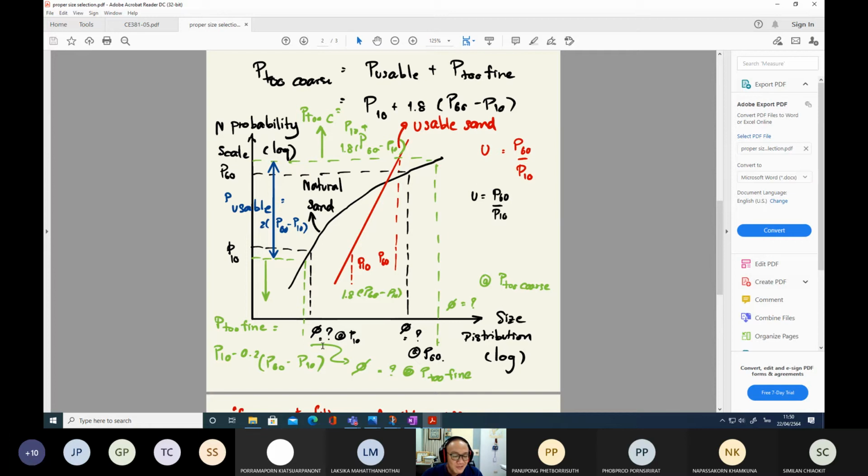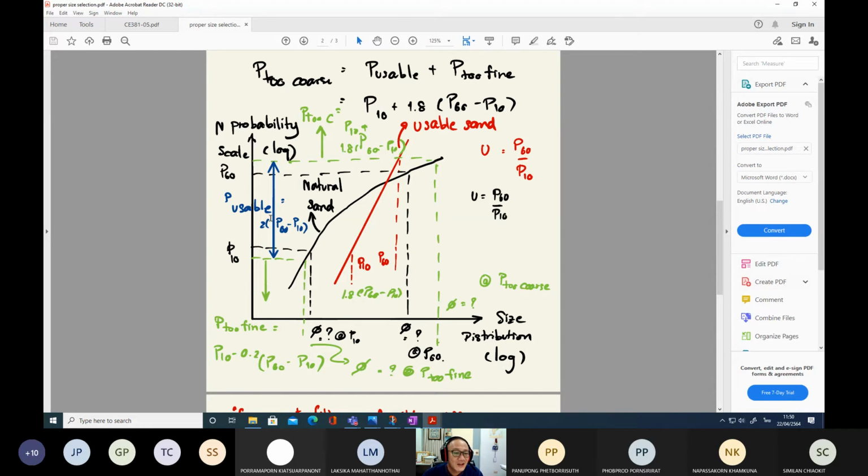So this will give you figures of the size. What is the diameter if the P10? For the P60, what will be the diameter? So this one is the P10 for the natural sands. This one is the P60 for the natural sands.